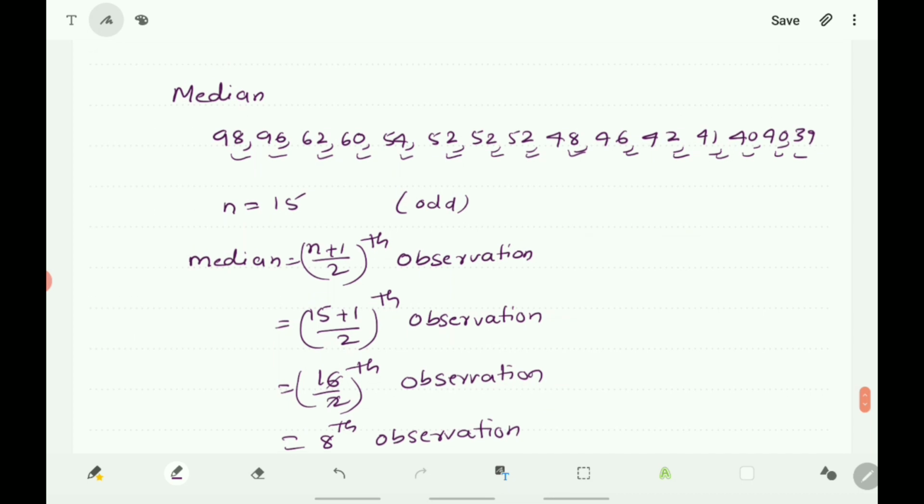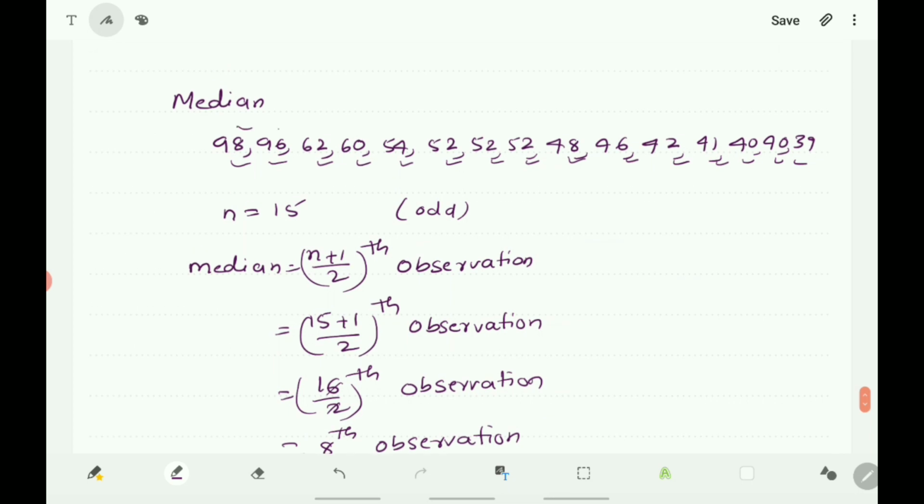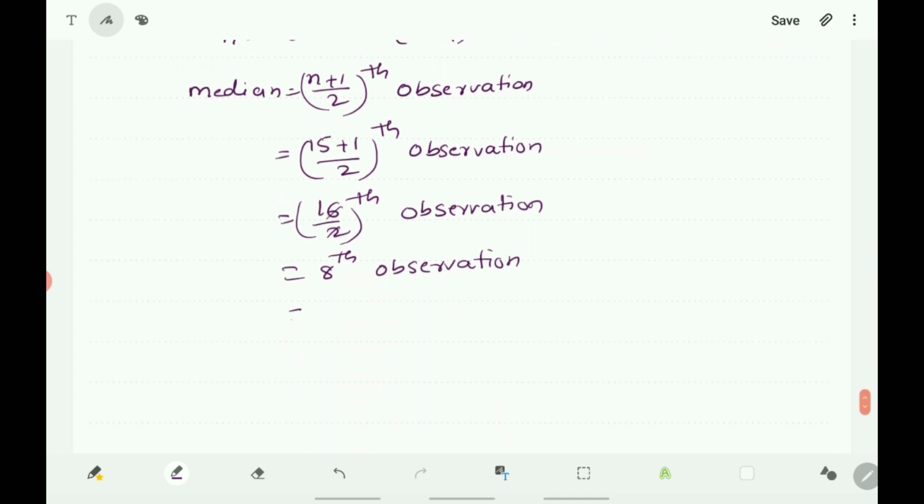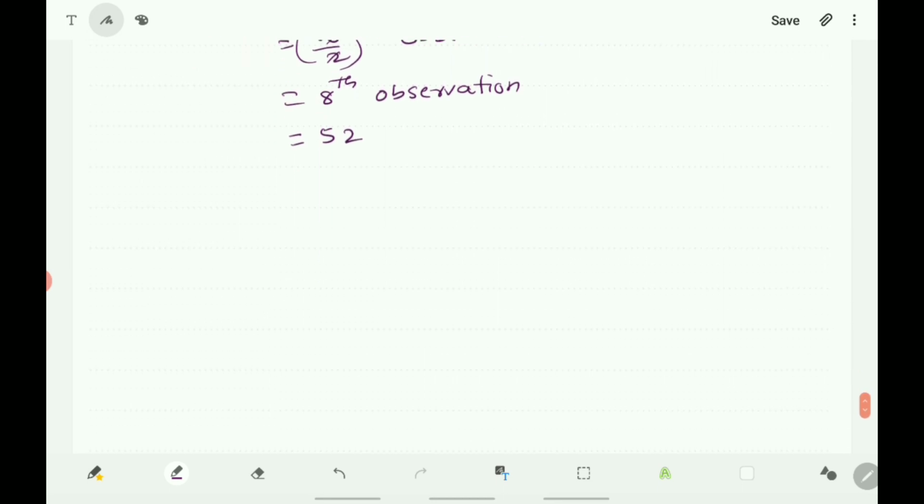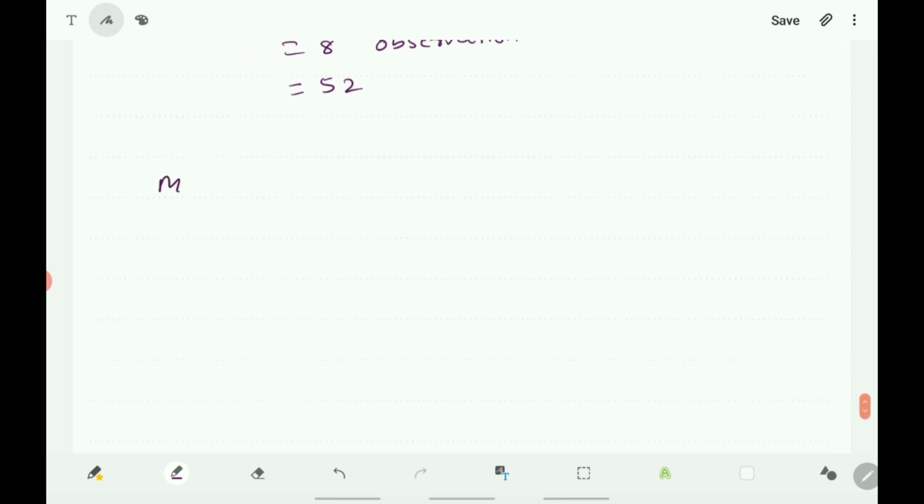Here the 8th observation is 1, 2, 3, 4, 5, 6, 7, 8. So the 8th observation is 52. Next, about the mode.